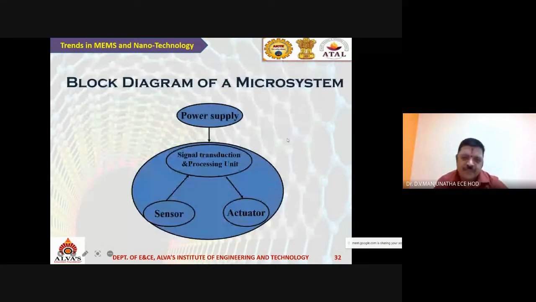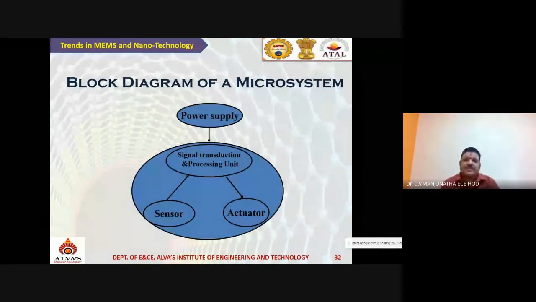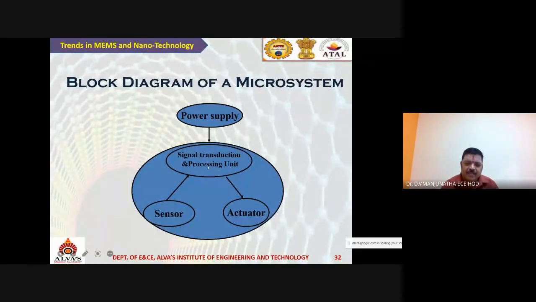What is the block diagram of a microsystem? The block diagram, anyway, requires a power supply. Any device requires a power supply, right? Then the signal transduction and processing unit, which is usually an electronic system, the actuator and the sensor. As we already discussed, what are the parts of MEMS? The electronic part, the sensor, then the actuator is a control system which is from the mechanical side, right?